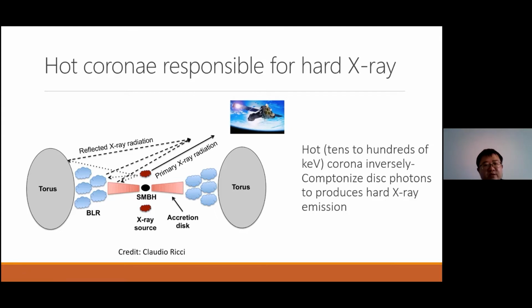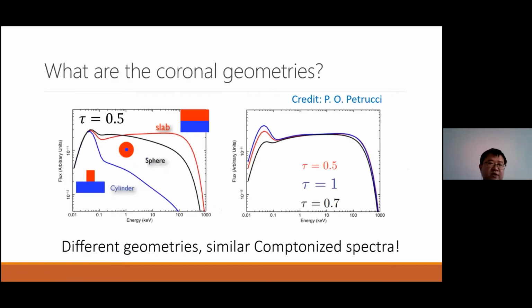Well, we know that the hot corona is responsible for the hard X-rays, but there are many things about the corona that we don't know yet. For example, what are the geometries of the corona? Are they slab-like, like this one, or are they spherical, like this one, or are they cylinders, like this one?